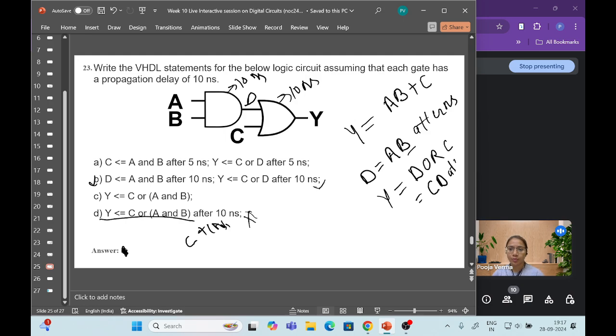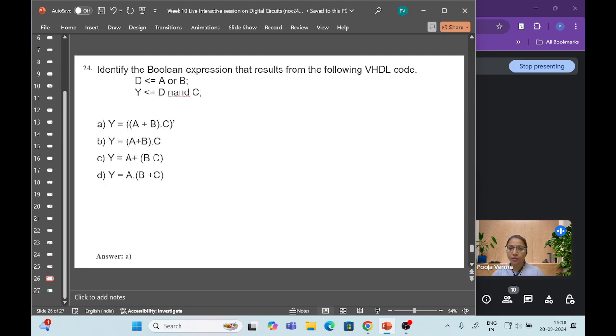So we have to go step by step, gate by gate. First we do this gate and then we take this gate also, because both gates have a propagation delay of 10 nanoseconds. Okay.